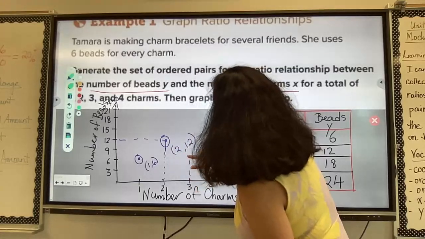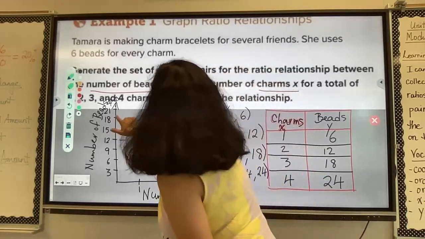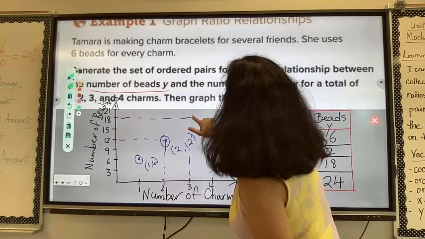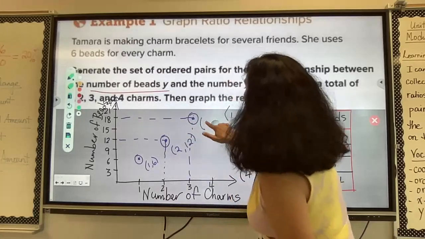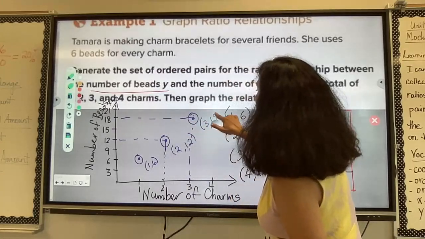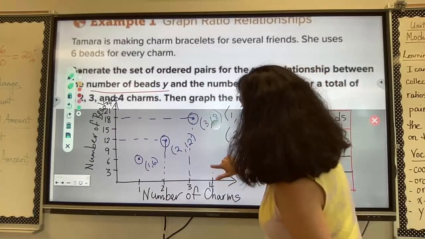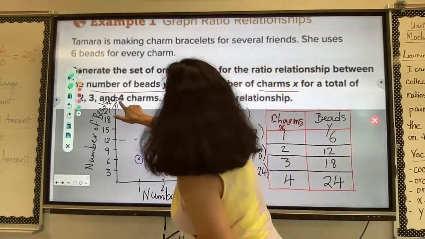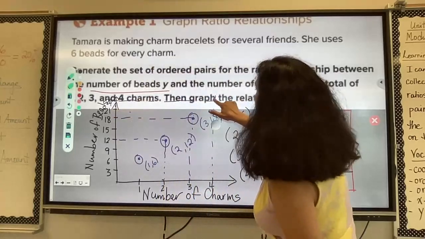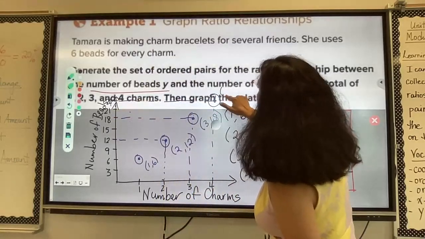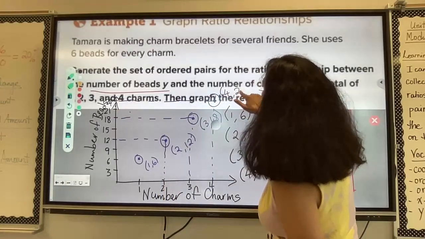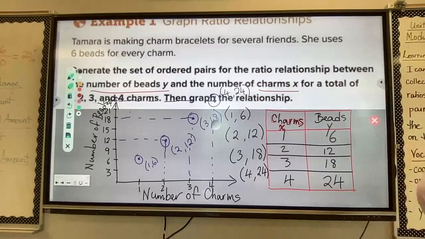For 3 I have 18, and that's where we plot it. 3 and 18, and for 4 I have 24. So here, 4 and 24. So there is my graph. Okay, so we're graphing it on the coordinate plane.